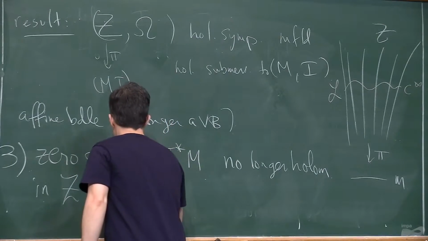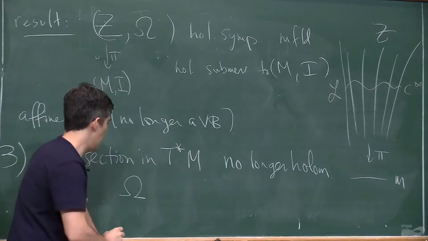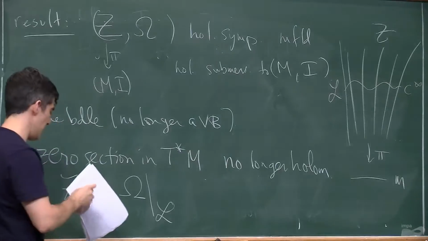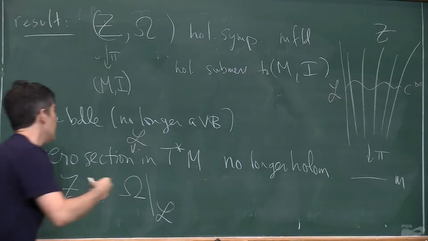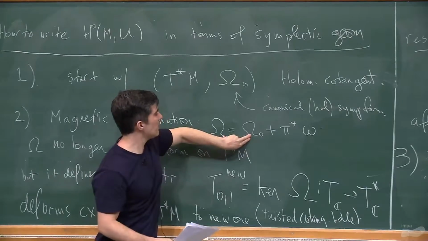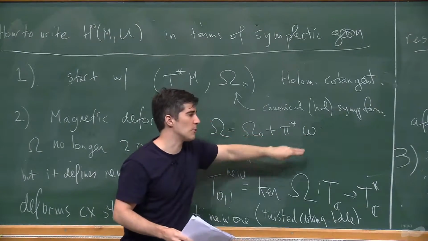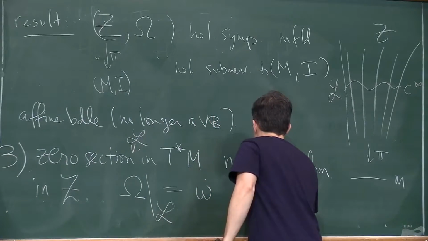And I just want to mention that if I take this new holomorphic symplectic form and I restrict it to this 0 section, let me call the 0 section curly L. Then what I get is the restriction of omega naught, which is 0 on the 0 section, plus the restriction of this, which is going to be just omega. So I get a real 2 form.